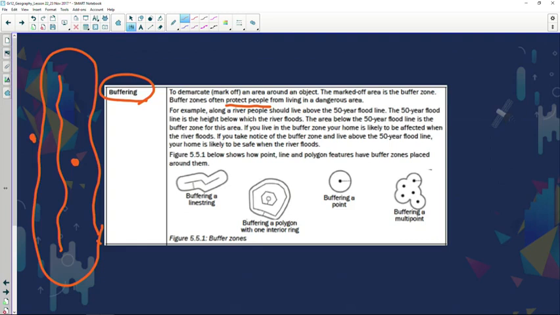For example, along a river, people should live above the 50-year flood line, the height below which the river floods. Now we create a buffer zone for your home, so you won't be affected by the river floods. Now, as you can see, there's buffering of a line string, a polygon, a point, and a multi-point, such as a nucleated area.